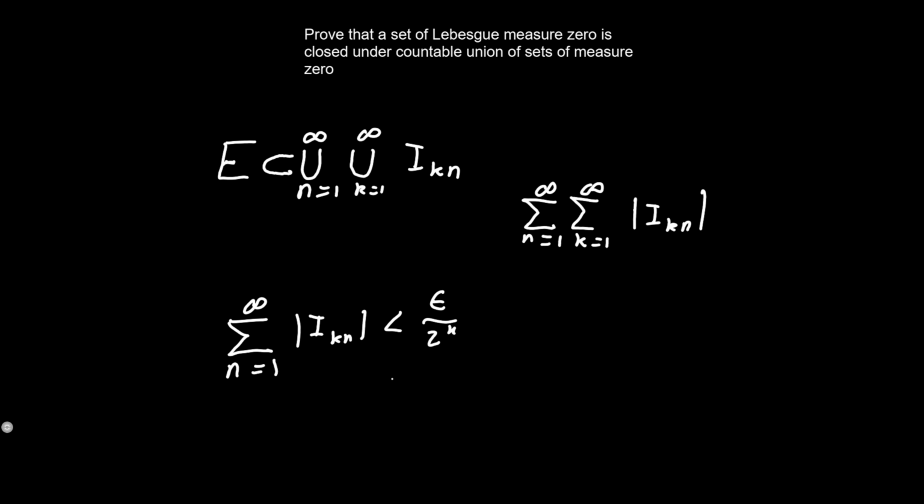With this, it also follows that this is less than the sum from k equals 1 to infinity of epsilon over 2 to the k. So the left-hand side is less than the right side. Now we just have to calculate this geometric series, which, using the geometric formula, is simply equal to epsilon.